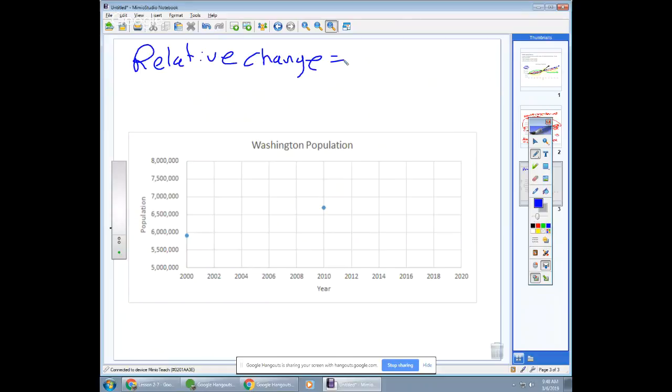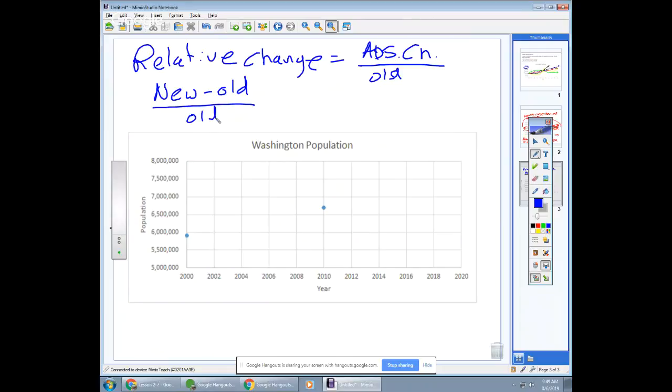So relative change is always the ratio of the absolute change divided by whatever the old or original amount was. So another way to think about relative change, absolute change is new minus old, and then we take that difference and we divide by whatever the old one was.